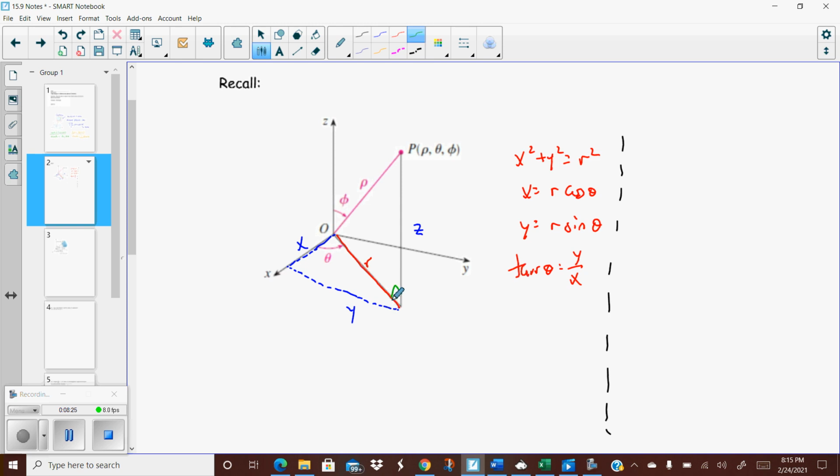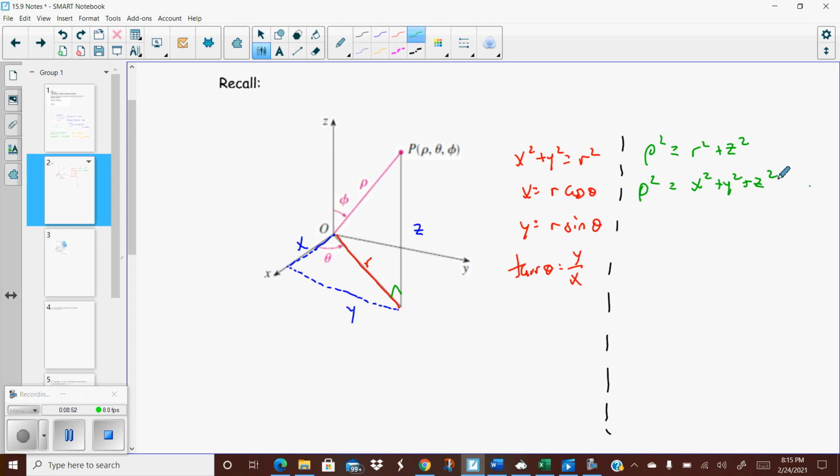So what that tells me is that rho squared is going to equal r squared plus z squared. Or if you wanted to go straight from Cartesian, since r squared is x squared plus y squared, we can replace that. And we know that rho squared is x squared plus y squared plus z squared.